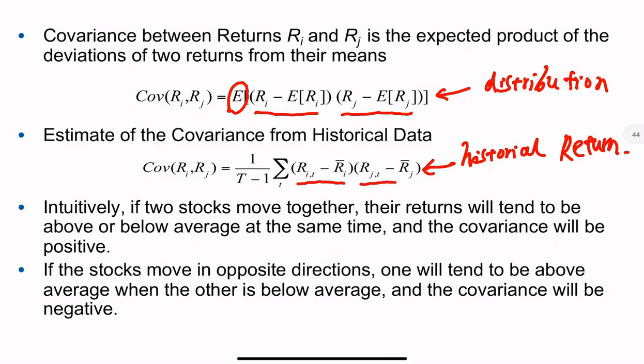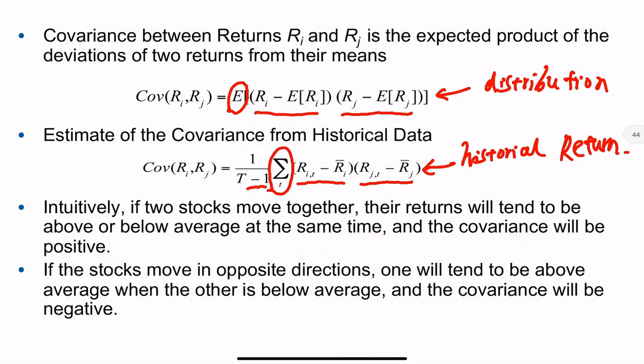And the second is the deviation of return J from its average return. Then you sum up these values and divide by the number of years minus 1. Again, you have to be careful with this minus 1 here, right? If you have 15 years of data, then you should use 15 minus 1.